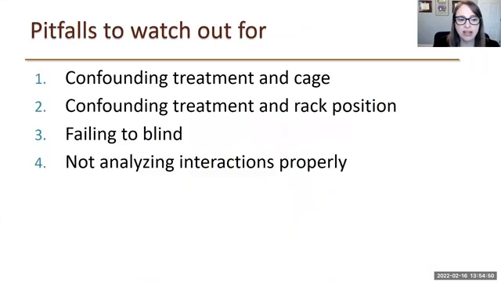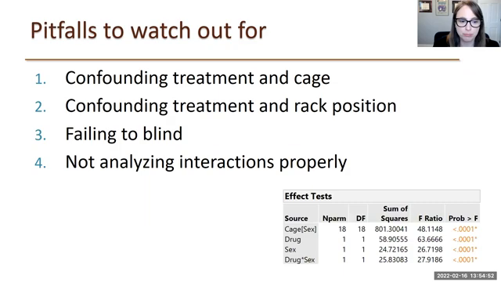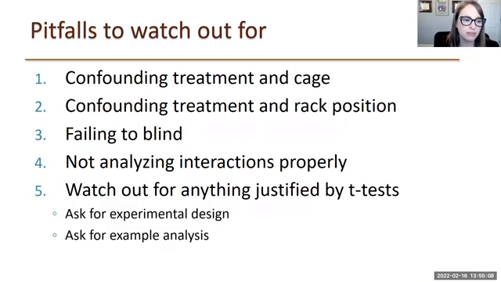Number 4, not analyzing interactions properly. Remember, back in our scenario, we included drug times sex. Analyzing with subsequent t-tests is a real no-no. You can do all of this in one analysis, and that's the beauty of it. So watch out for anything that's justified by a t-test.